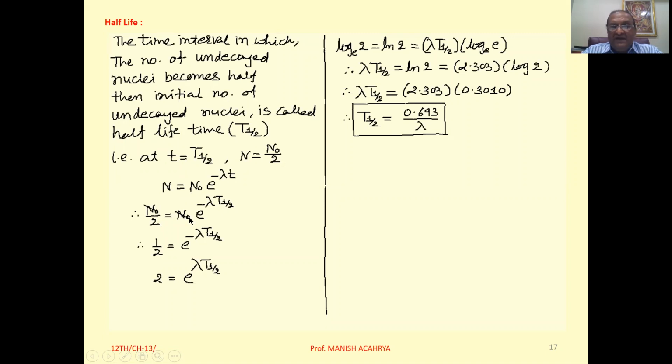So from both sides, n0 cancelled. So 1 by 2 is equal to e raised to minus lambda t1 by 2. So 2 is equal to e raised to plus lambda t1 by 2.